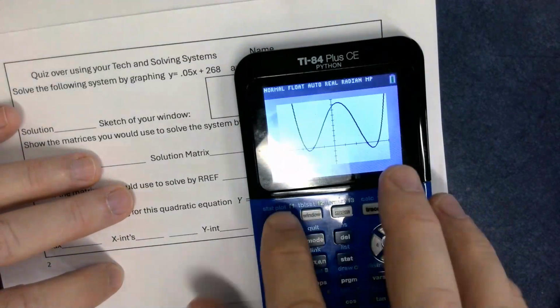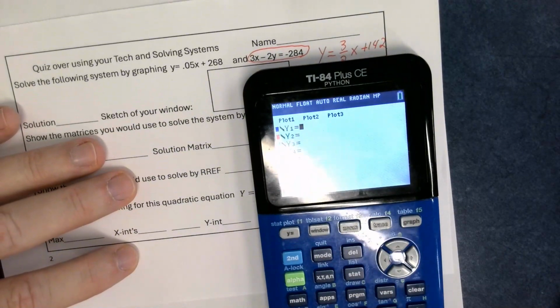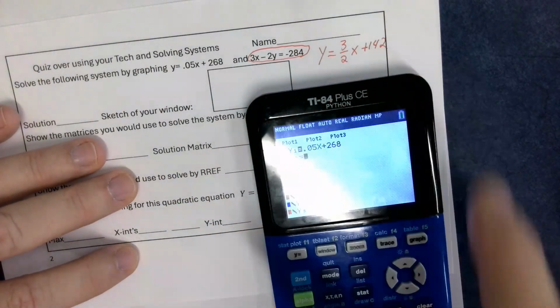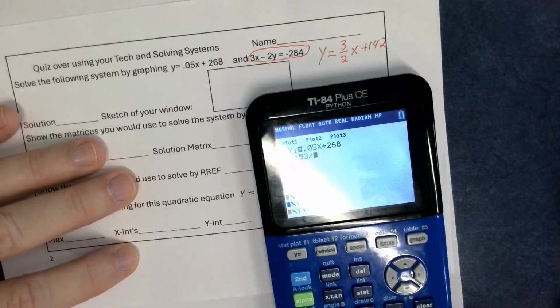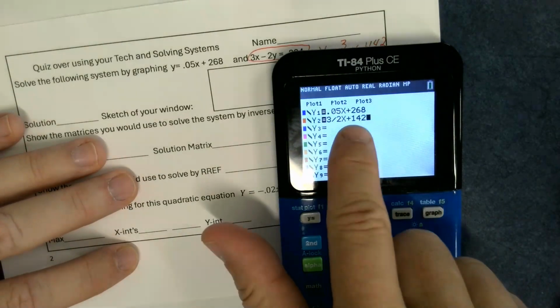So I'm going to go to y equals, and I got 0.05x plus 268, and you can see this again, 3 halves x plus 142.